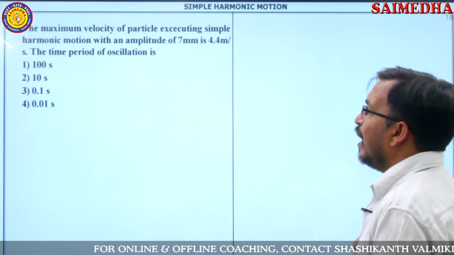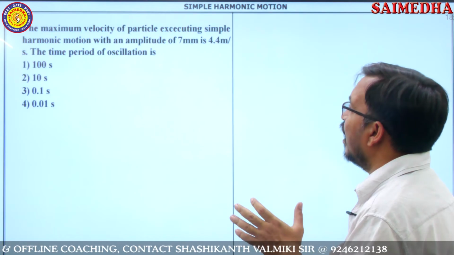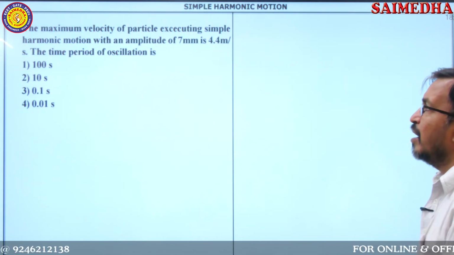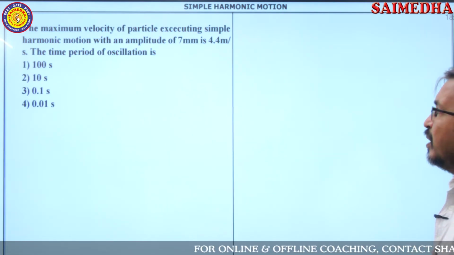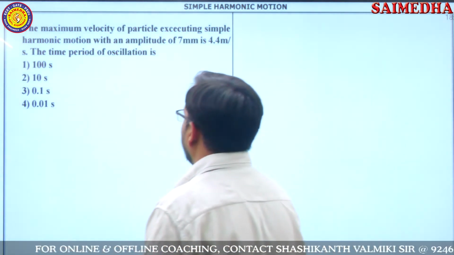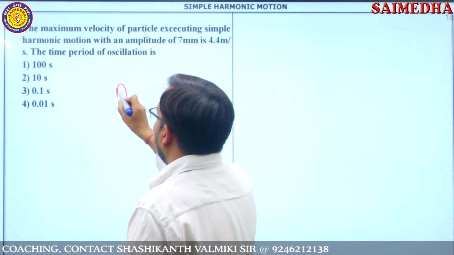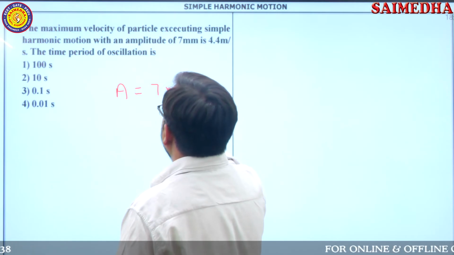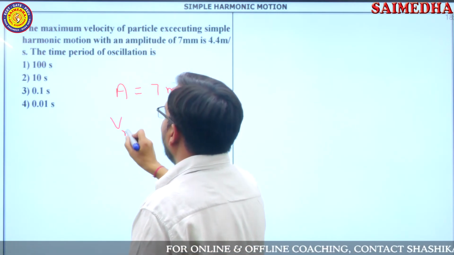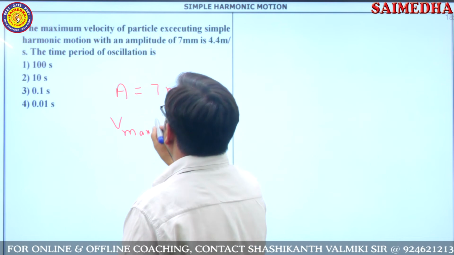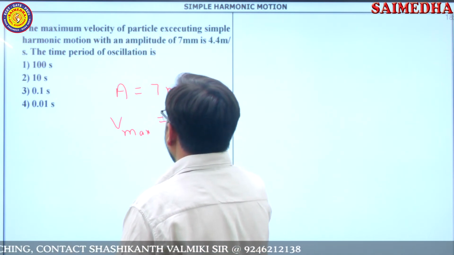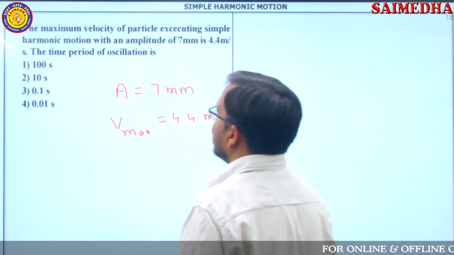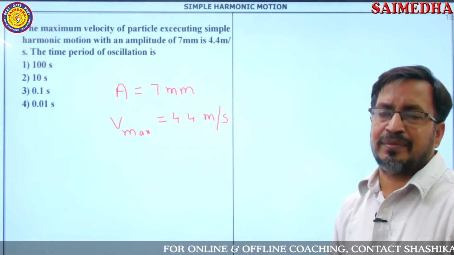What is the amplitude given here? 7 millimeter. And what is the velocity given? V maximum is given as 4.4 meter per second. These are the values given. Then it asks for the time period.